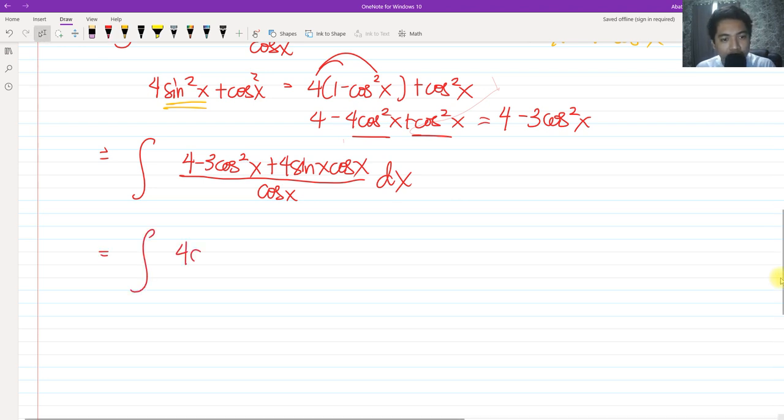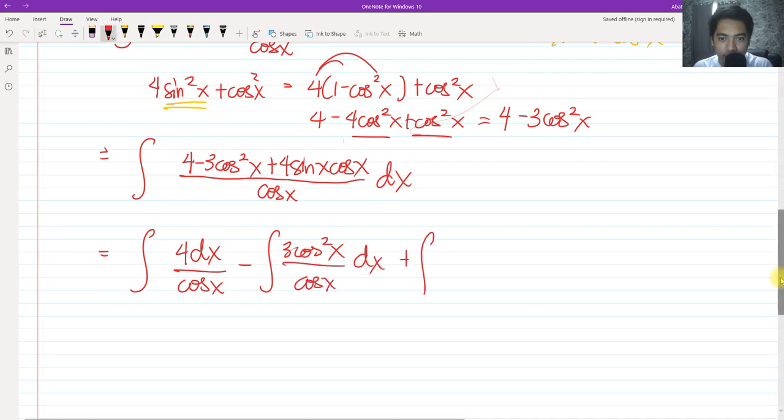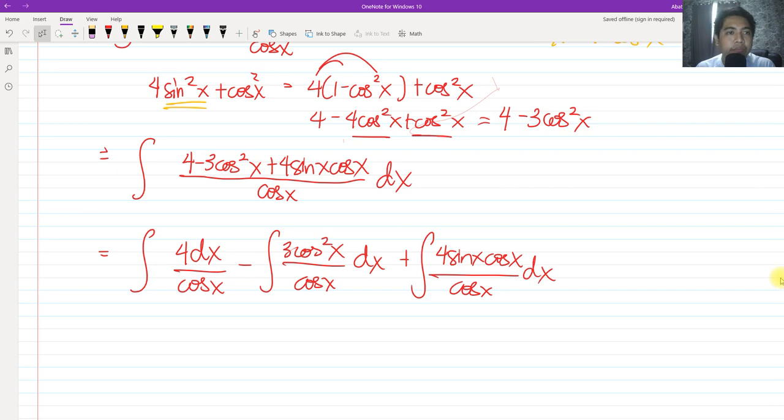So we have 4 dx all over cosine of x minus 3 cosine squared of x all over cosine of x dx plus we have 4 sine of x cosine of x all over cosine of x. Okay? So now we can cancel this. We can also cancel this so that our integrals are now readily integrable.